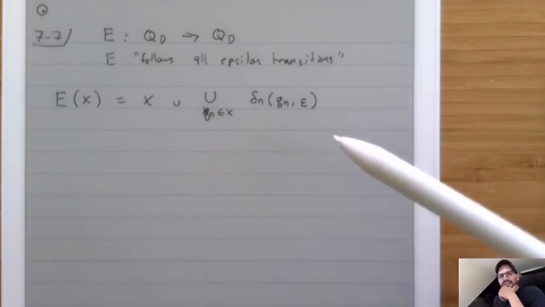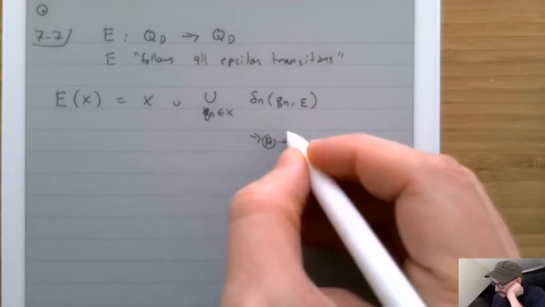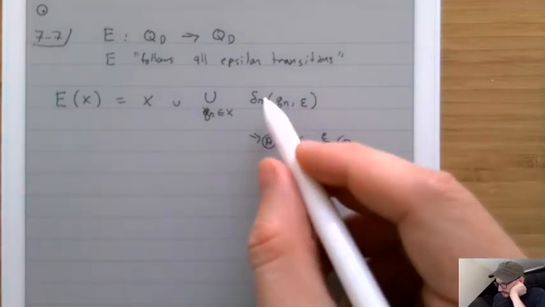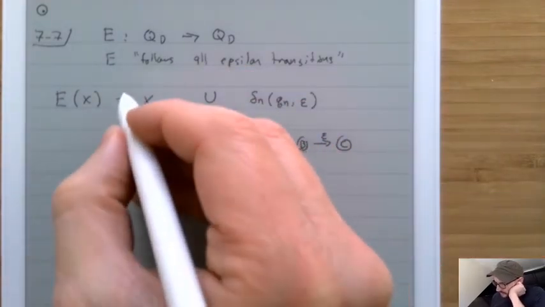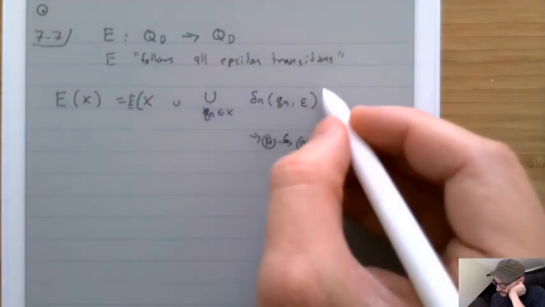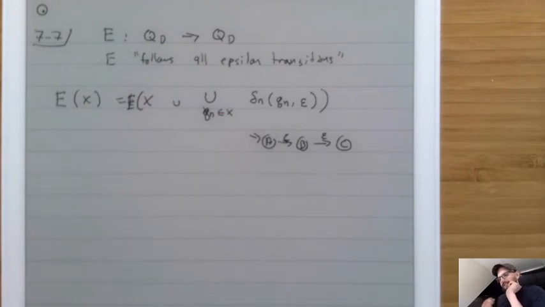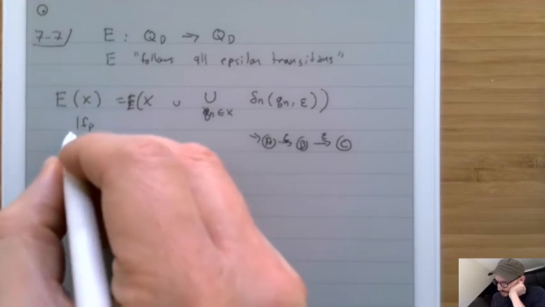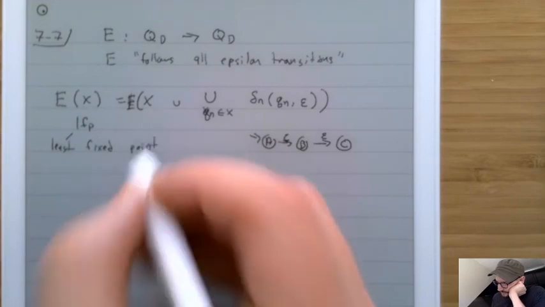Unfortunately, this definition is not quite accurate, because what if we had a situation like this, where we had A, and then there was an epsilon transition to B, and then there was another epsilon transition to C. So we need to call epsilon on all of those again. So what we really need to do is we need to take this whole thing and call E on it. But now we've come up with a function that is recursive, right? So how do we do that? What we say is that we want the least fixed point, the LFP, of this equation.